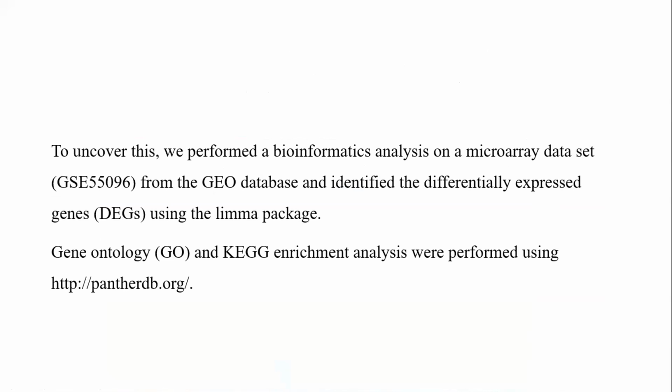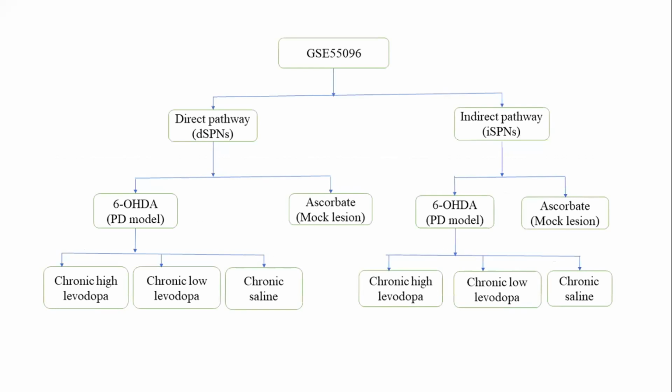To uncover this, we performed a bioinformatics analysis of microarray data set GSE55096 from the GEO database to identify differentially expressed genes using the limma package, gene ontology and KEGG, and later also the protein-protein interaction will be used to describe those differentially expressed genes.